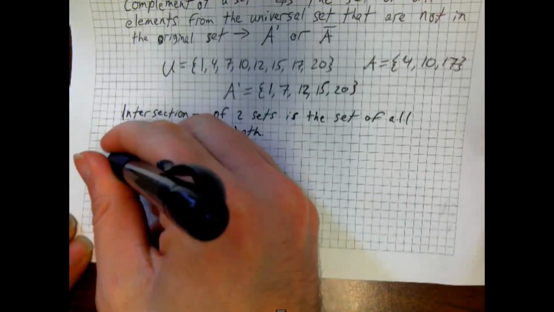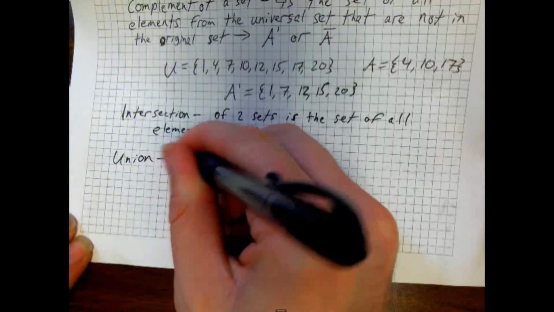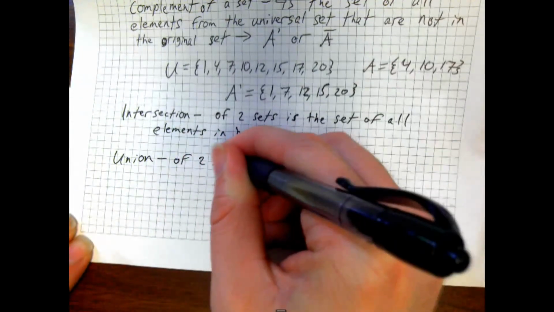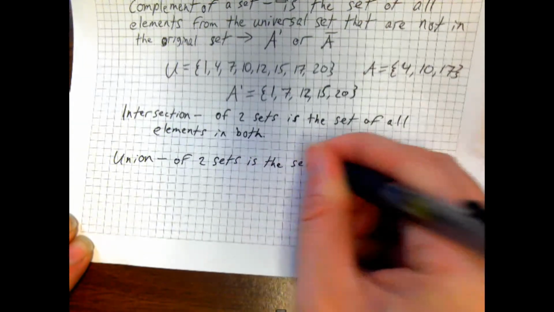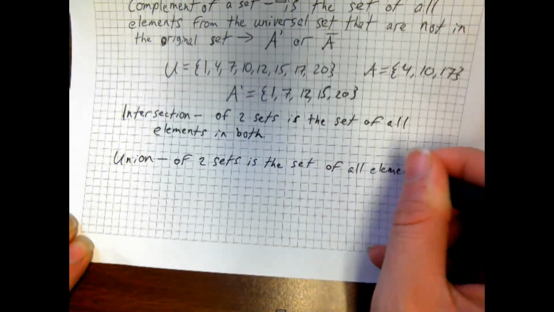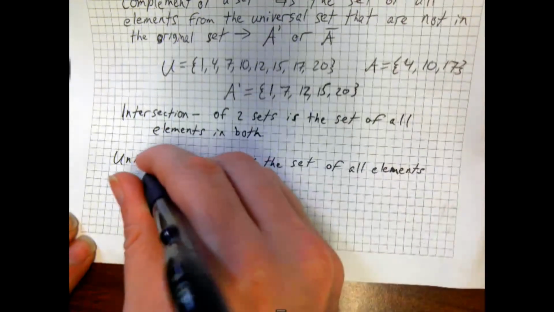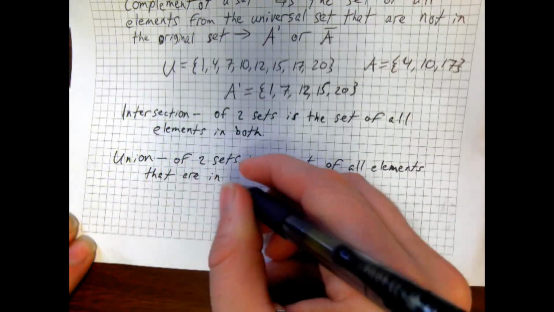And the final piece of vocabulary about sets, the union of two sets is the set of all elements that are in either.